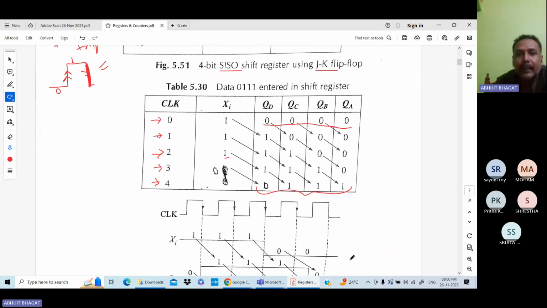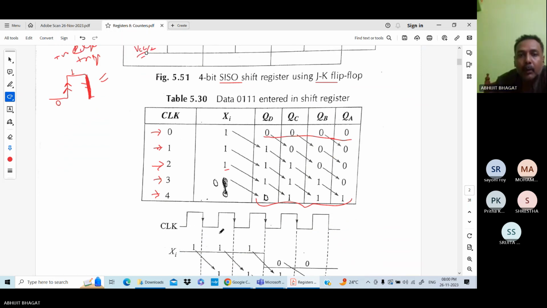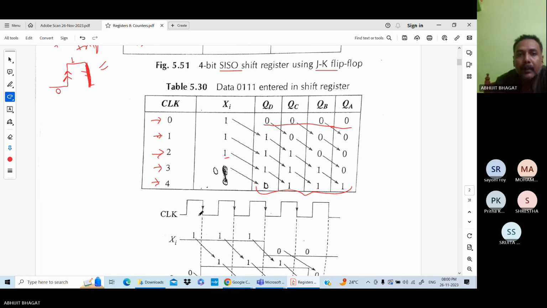Now next is this clock diagram you can see. This is the diagram for xi. You can see your xi, this is clock 0, clock 1, clock 2, clock 3, clock 4.